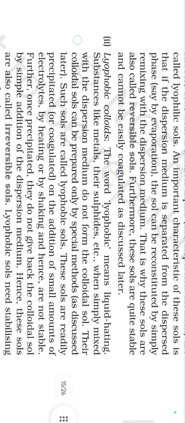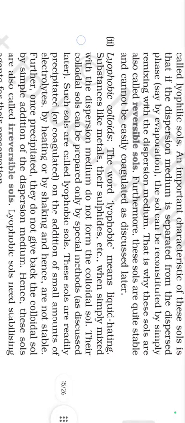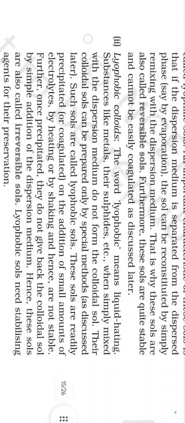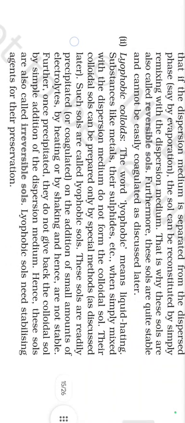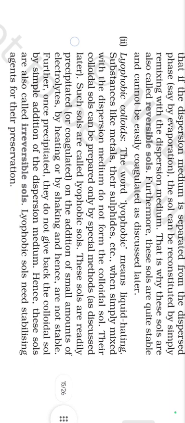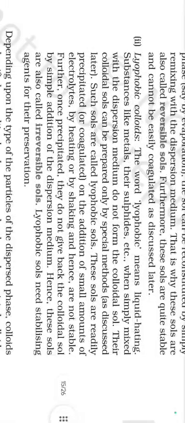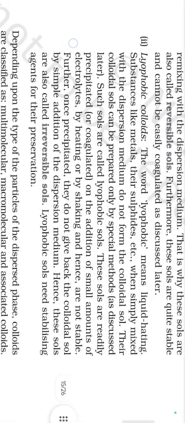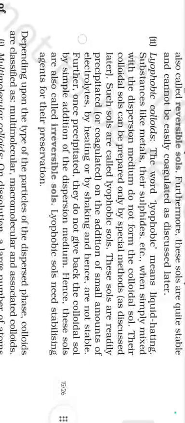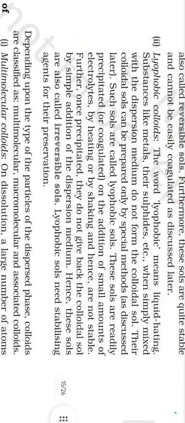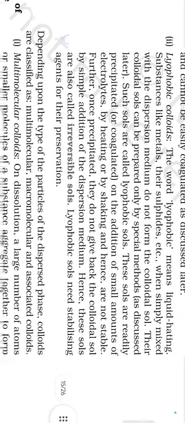An important characteristic of these sols is that if the dispersion medium is separated from the dispersed phase, say by evaporation, the sol can be reconstituted by simply remixing with the dispersion medium. That is why these sols are also called reversible sols. Furthermore, the sols are quite stable and cannot be easily coagulated, as discussed later.